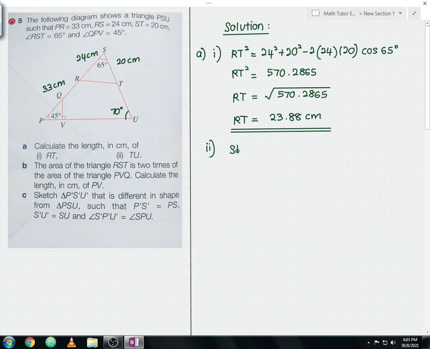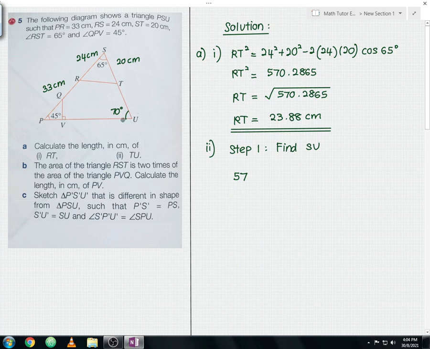So step 1, find SU. Okay, so by applying the sine rule, since in this case the length of SU is unknown, we're going to put the lengths on the numerator for both sides of the equation. So let us start with the length of PS. To find the length of PS is very simple. 33 plus 24, so from here you get the total length of 57 centimeter.